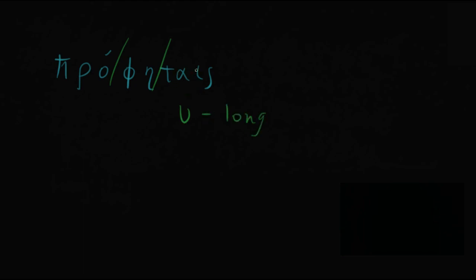You may say that this diphthong here is short, but you have to remember that if it's closed in, it becomes long. So any diphthongs are actually long, except for that one exception. In this case, since your ultima is long and you have an acute here, this is incorrect, because an acute cannot go further than the penult if your ultima is long. That's another one of those rules that we went over.